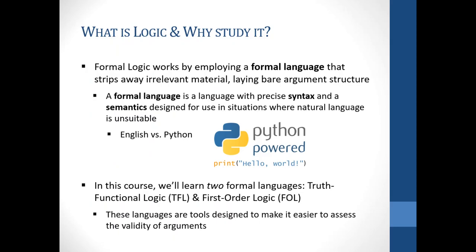These are tools. They're formal languages designed to help us track things like validity. TFL in particular is an extremely powerful blunt force instrument. So that's what we're going to be trying to do over the next seven weeks. And then we're going to build off of this in the second half.